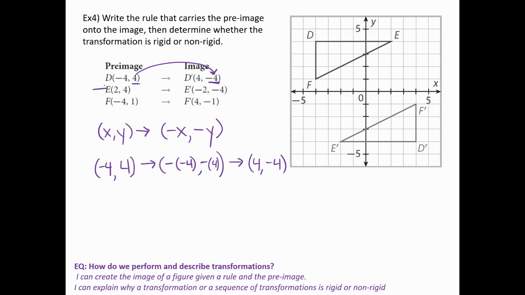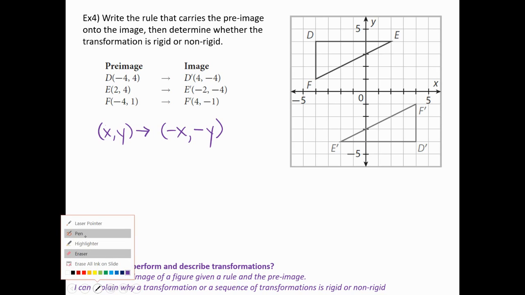If you look at the next one for E, that one's really easy to see that the x and y were 2 and 4, and I made them both negative. So you can see it works for that one as well. But again, you could test it for all of them and see that it works. So I'm going to get rid of all this. Sorry. Can always rewind it and get that part again. Okay, so that is our rule.